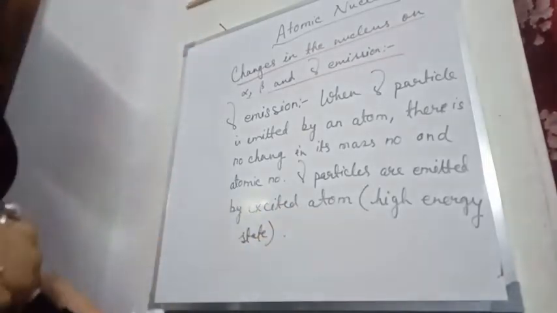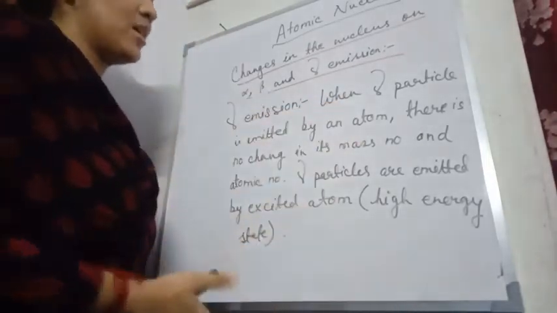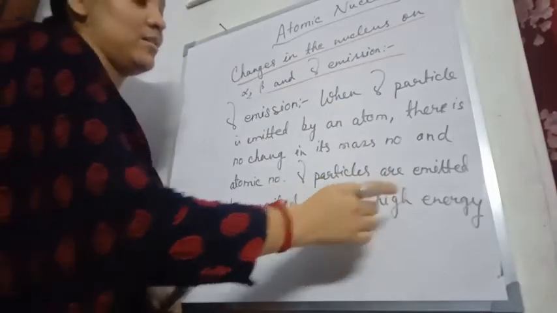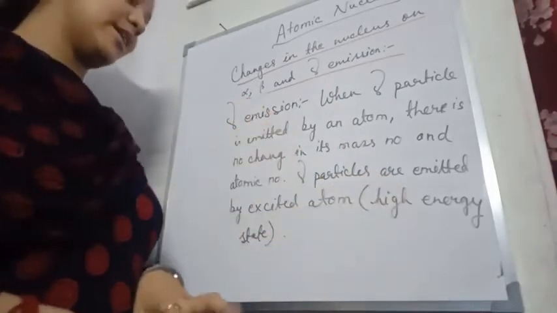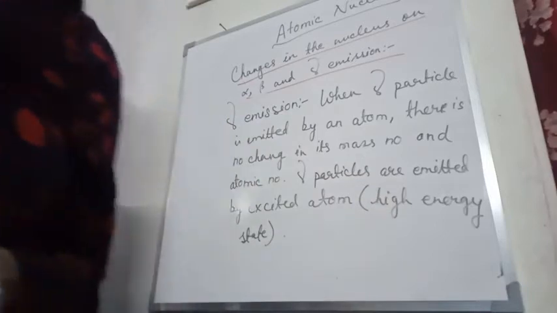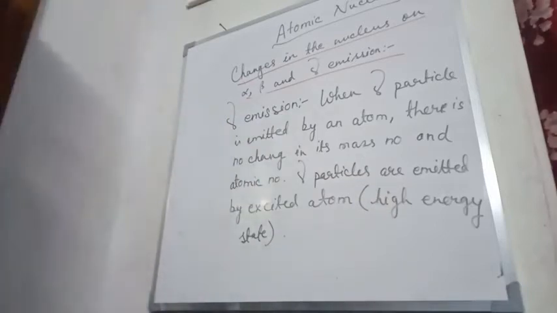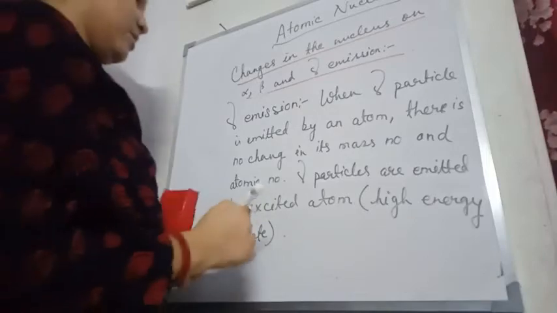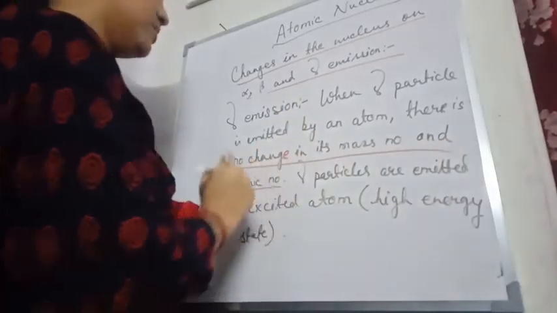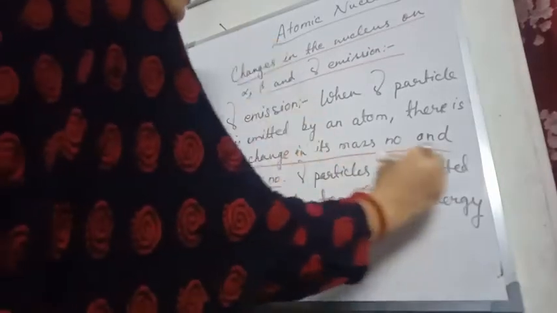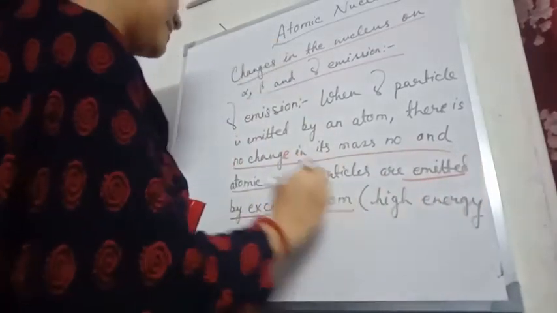So they are emitted by an excited atom or excited element. Excited means whose energy is higher. So they come back to the lower energy state by emitting gamma radiations. So in gamma emission, we don't have any change in mass number and atomic number.